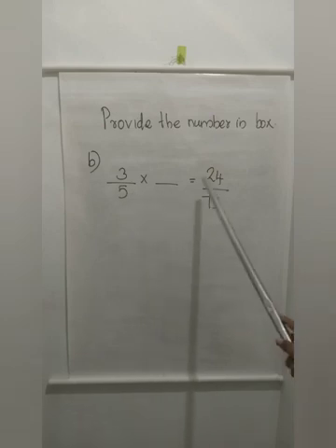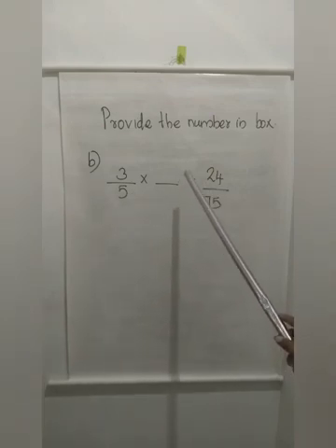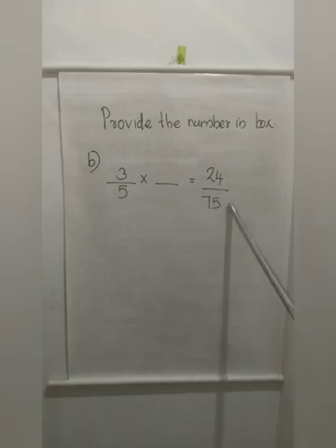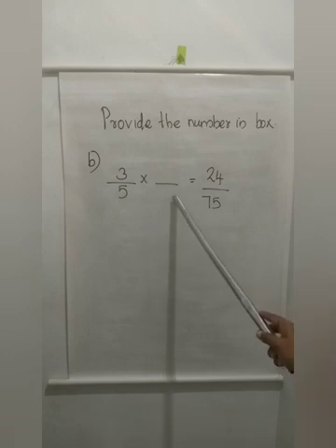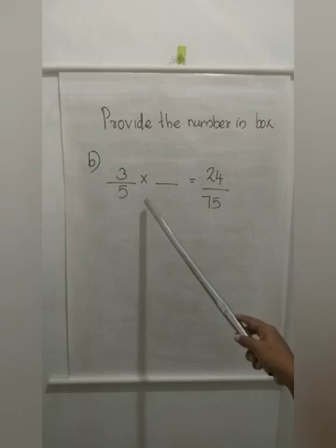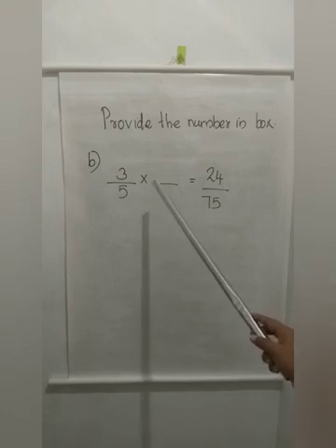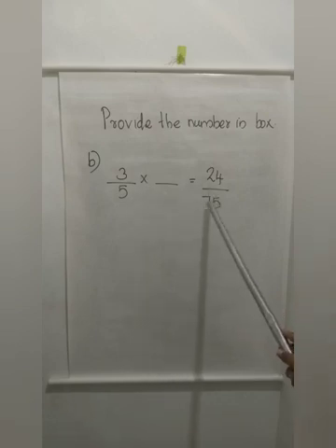5 into what is 75? If you don't know, just divide 75 by 5, and you can find out the denominator. When I divide 75 by 5, you get 15. In case you don't know what number to multiply with, just divide and check.